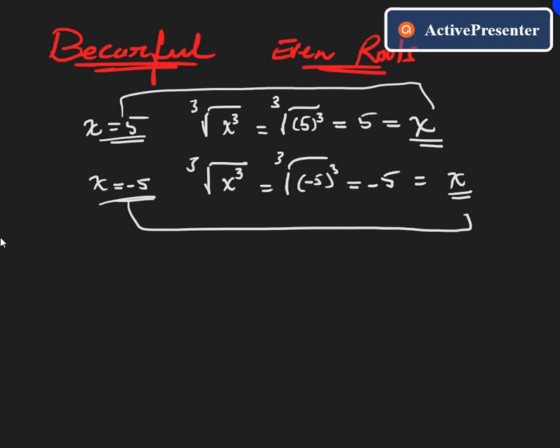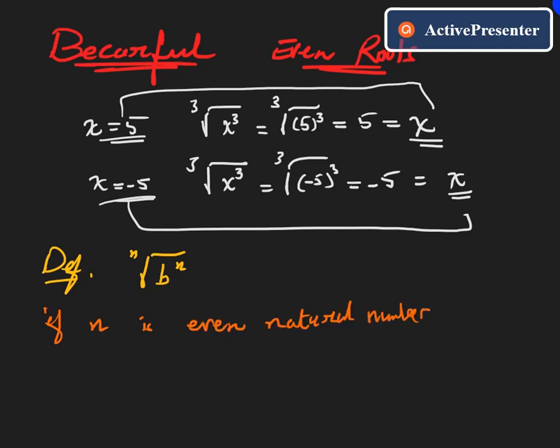So a general idea or definition of the nth root of b to the power n. The first case, if n is an even natural number, then the nth root of b to the power n equals the absolute value of b.